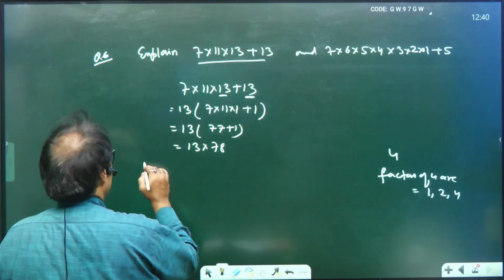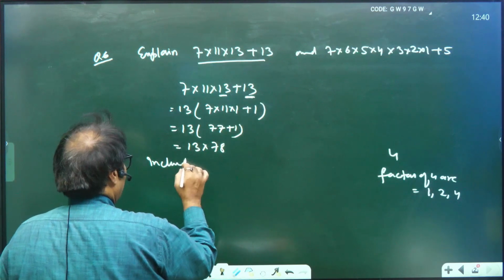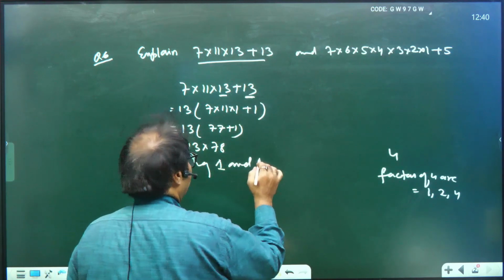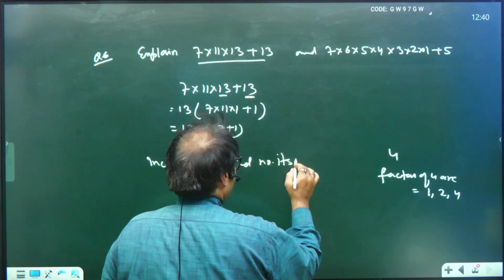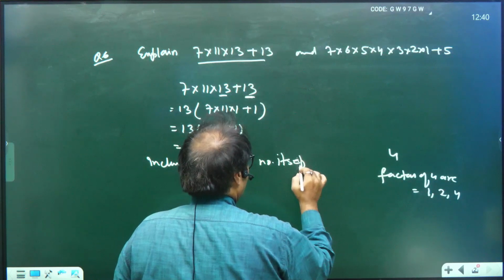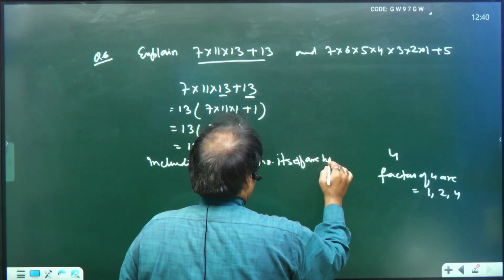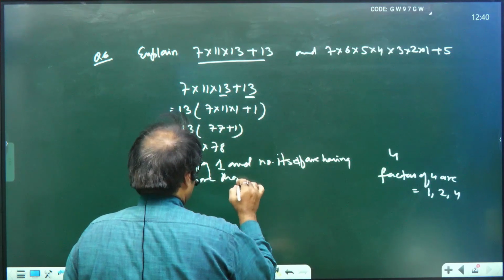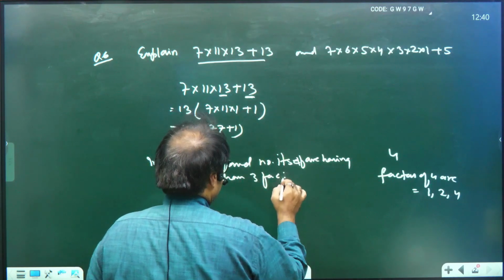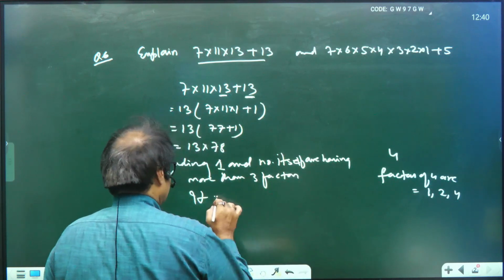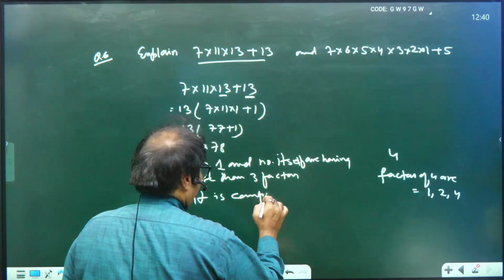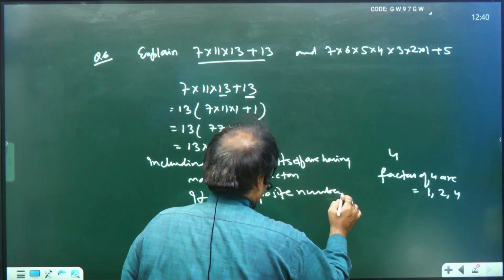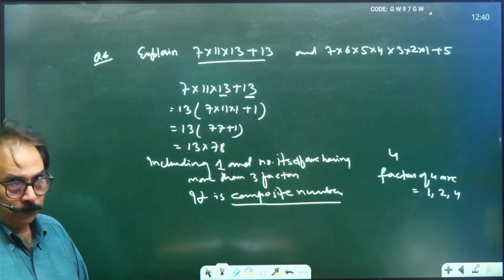So you may write that the number, including 1 and the number itself, has more than 3 factors. So it means it is a composite number, right? It is a composite number.